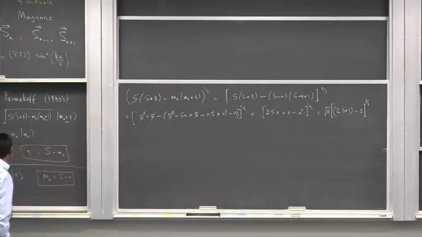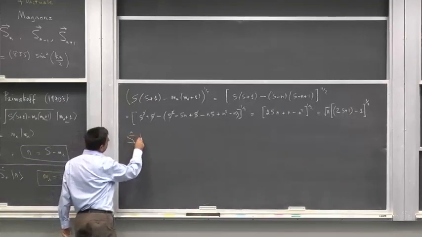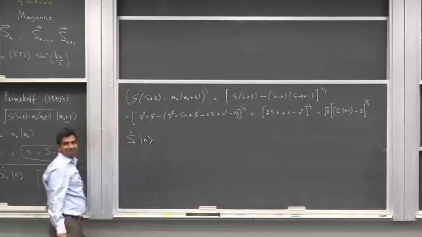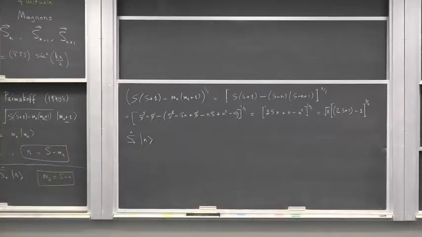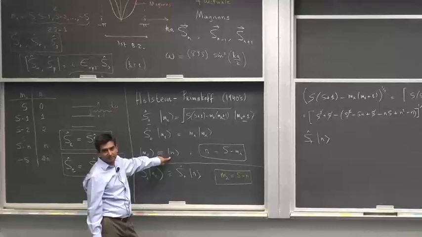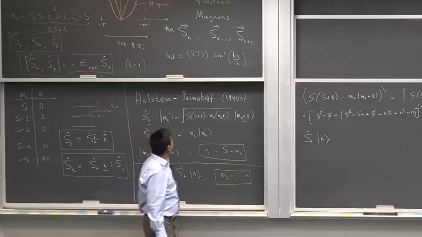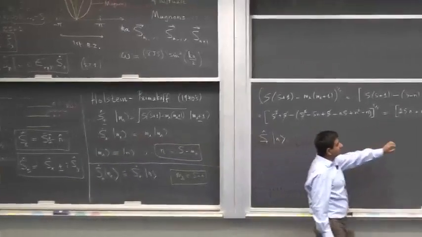Now what does this mean? If I look at this relationship over here, I have the S plus operator acting on a state n. Right? This ms is now labeled as n, the number of bosons inside the system. When I have this S plus acting on n, I get this object here.